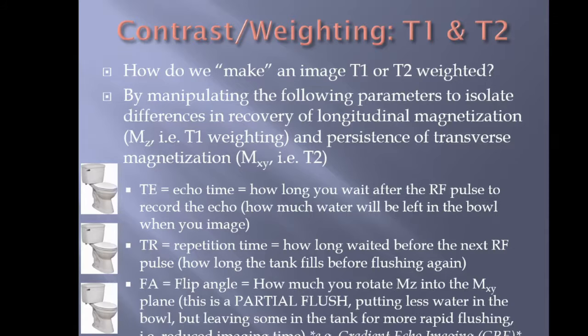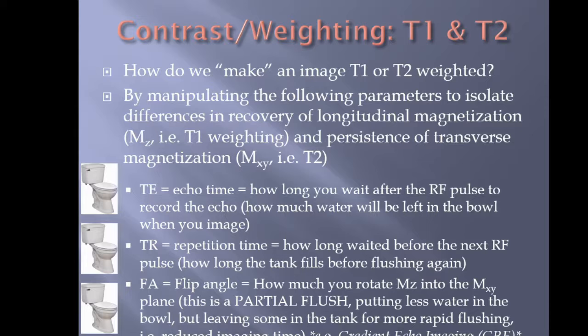Now the flip angle, that's how much you rotate MZ into the MXY plane. The analogy breaks down a little bit here too, but come on, it's a toilet analogy. You can't think of it like the partial flush versus the full flush you get in Europe.